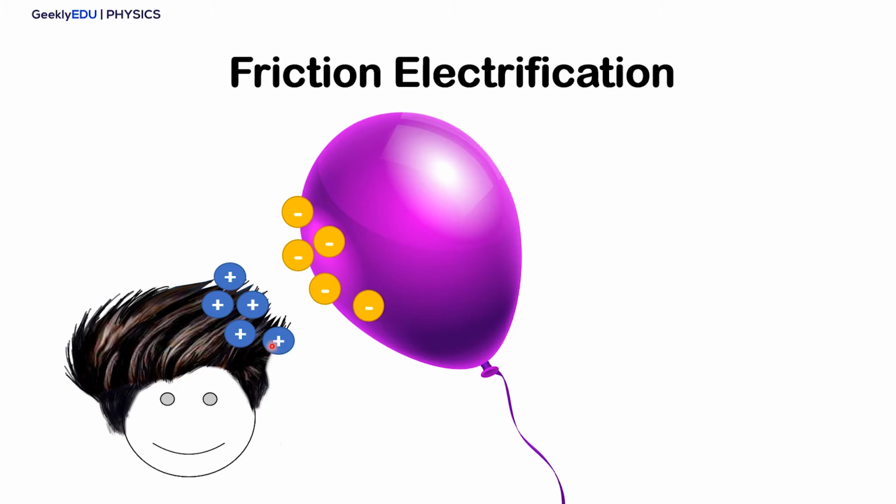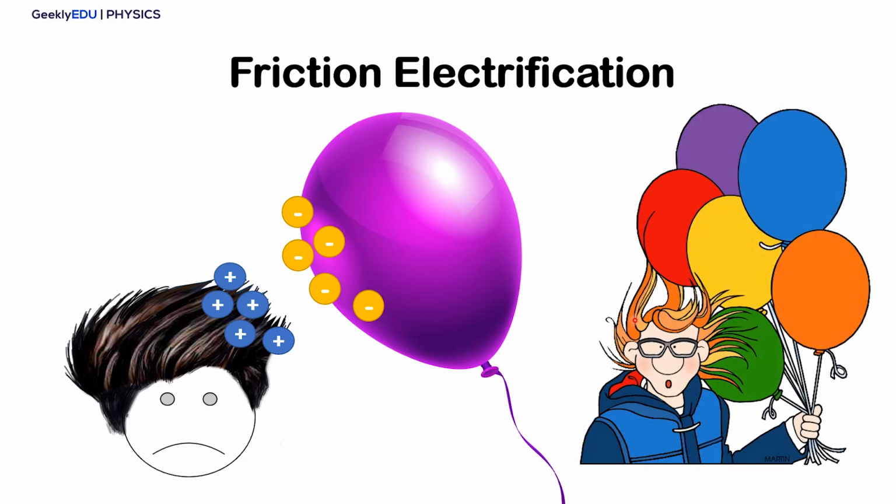So when you steal the electrons from your hair, now the balloon has more electrons, with a negative charge, and your hair has fewer electrons, and now it has a positive charge. And as you remember, opposite signs in charges attract each other. That's why your hair starts to be attracted by the balloon.